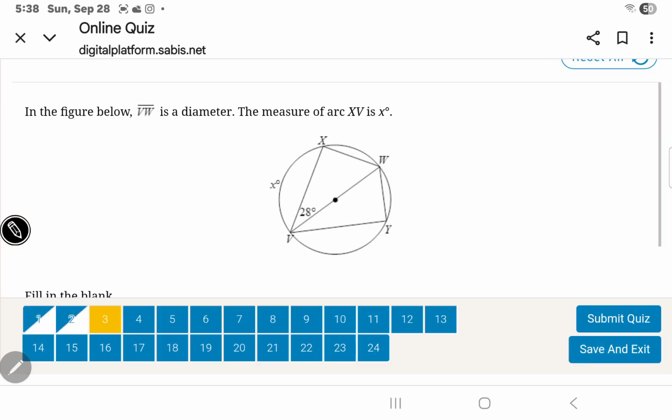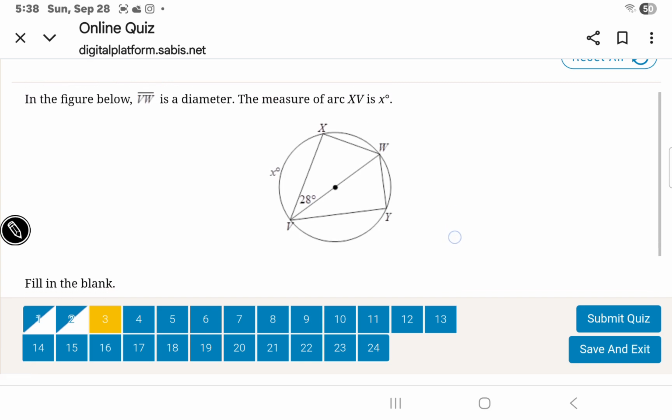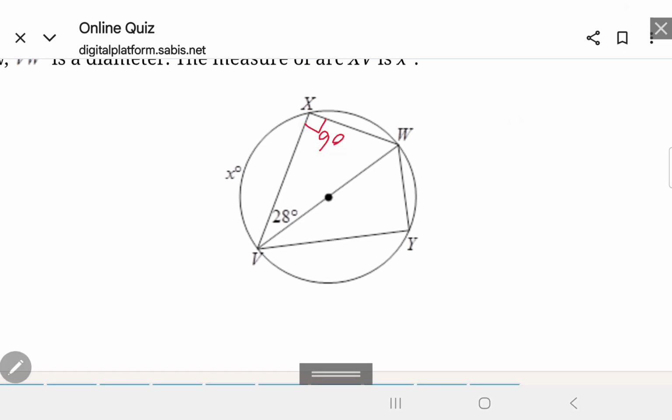Number 3. Here we have to calculate the arc measure, which is x. First step, we can say this angle is 90 degrees because it's the angle opposite to the diameter of the circle, or angle in a semicircle.